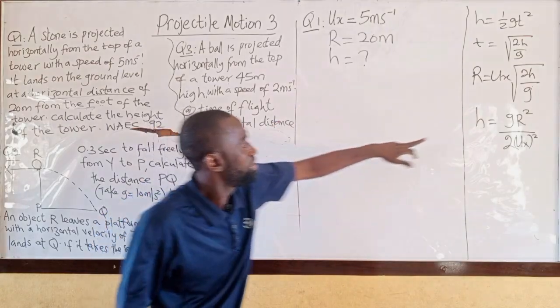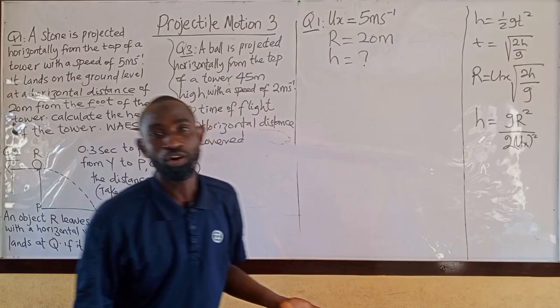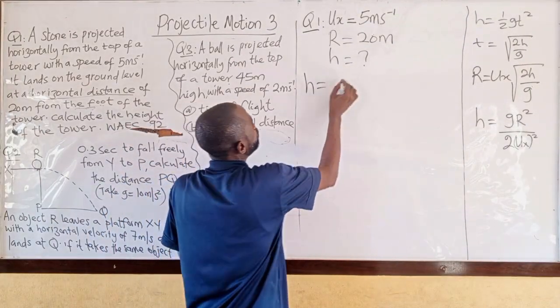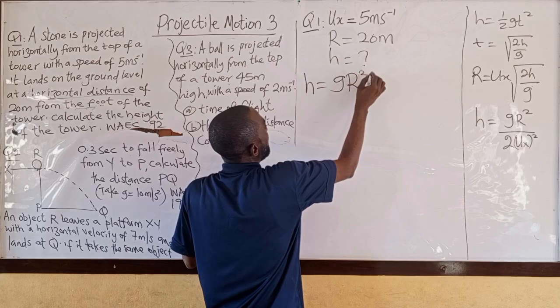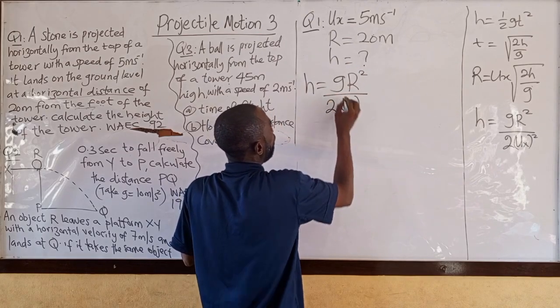Which is the formula? H equals to g r squared over 2 u of x all squared. So my h equals to g r squared all over 2 u of x all square.